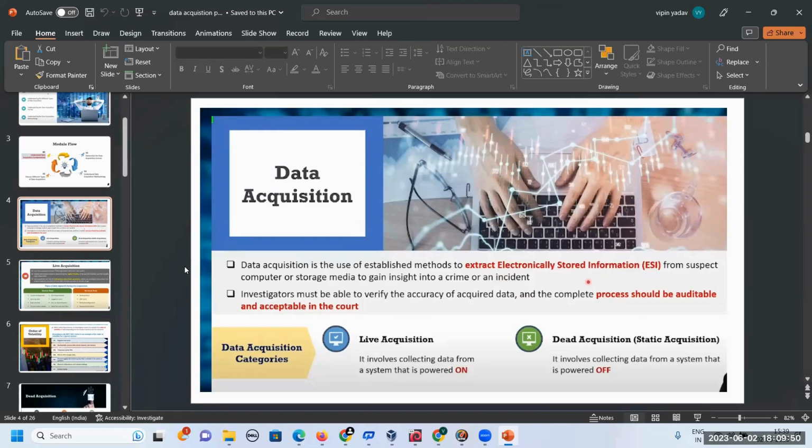Sir, I think network can also be a part of it. Yes, definitely, the network should be part of the volatile data, that is, which network you were connected to while your laptop or desktop was on. So these terms come under volatile data.